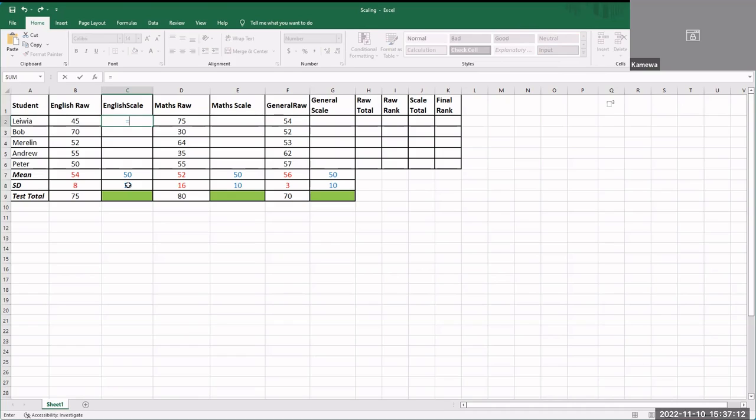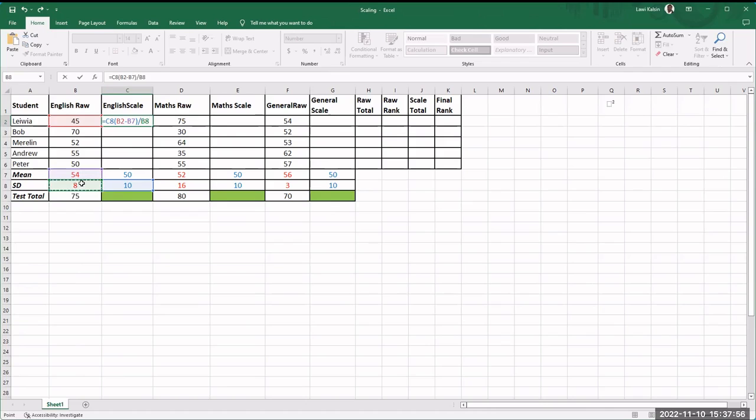So we click on the coordinates for 10, which is C8, and then open bracket, then 45, which is the student score, and then take away 54, close bracket, and then divide by 8, and then plus 50.